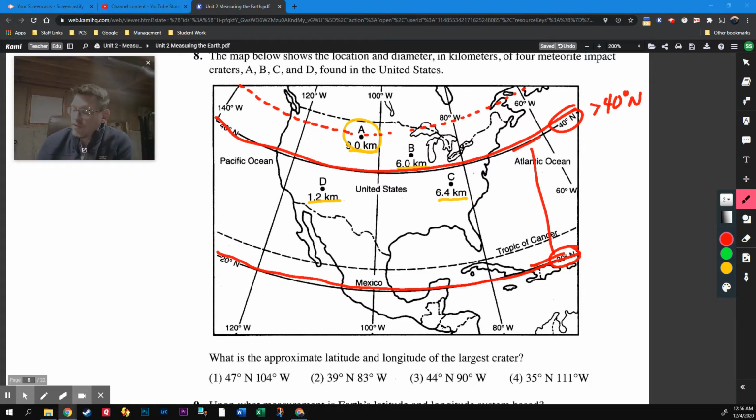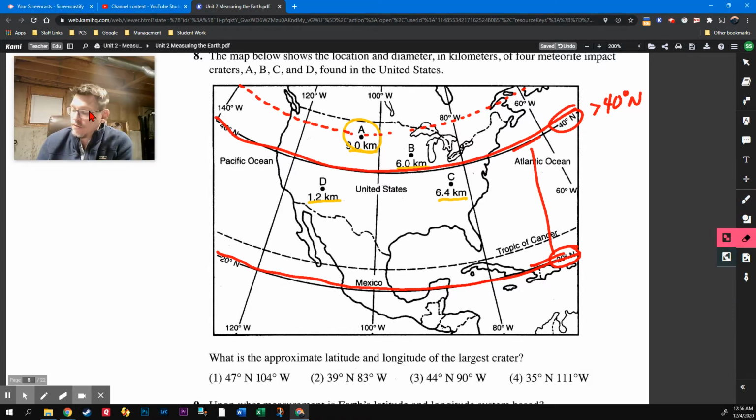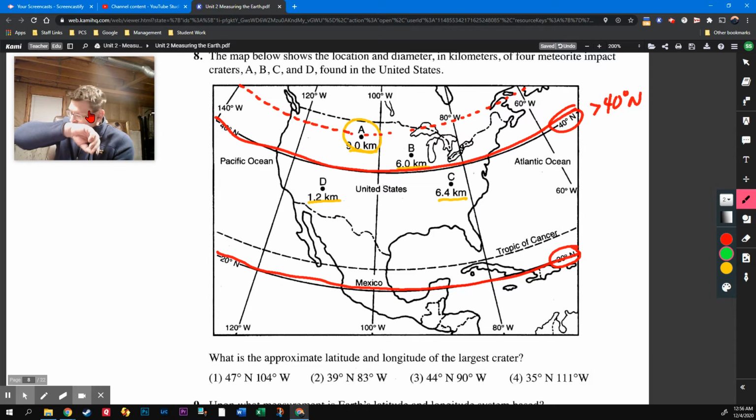Okay. I'm going to erase this, get rid of those. And then we're going to do longitude. So I know that my latitude is supposed to be greater than 40 degrees north. Now I'm going to do longitude. Longitude lines, meridians, go from the North Pole to the South Pole, and they do intersect.